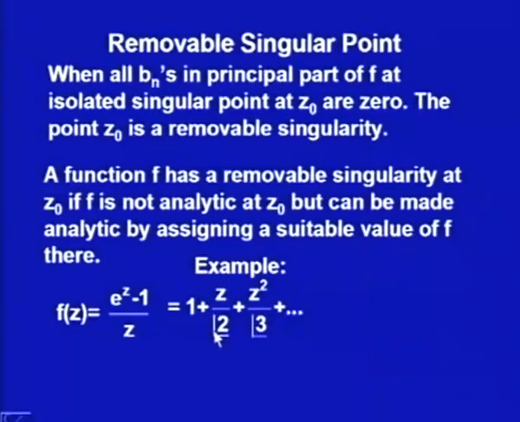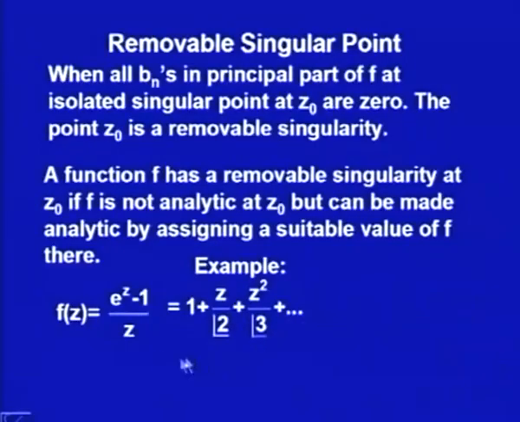Now this is the case we are talking about, that z equal to 0 is an isolated singularity which is removable. How could it be removed? The function is not defined at z equal to 0. If I take the limit of this function as z approaches 0, what would I get? I would get the constant 1, and all other terms would become 0.